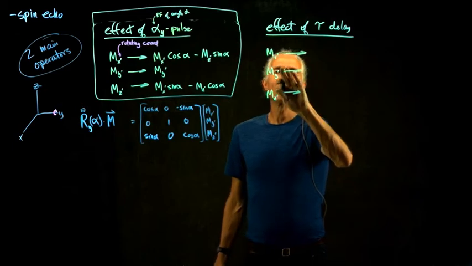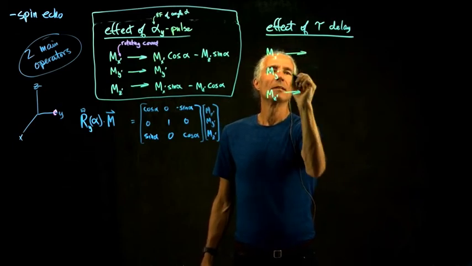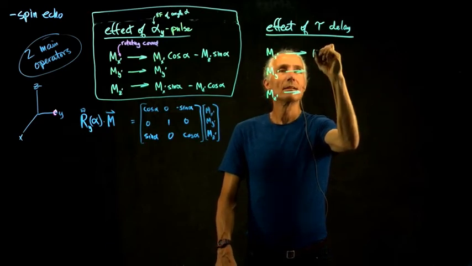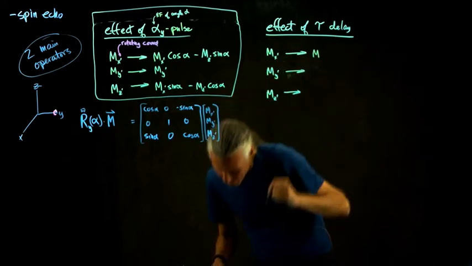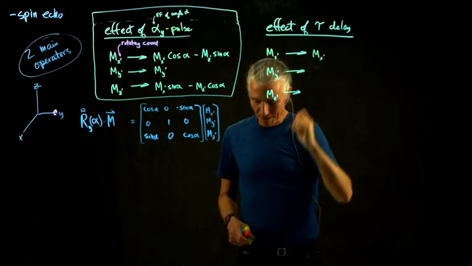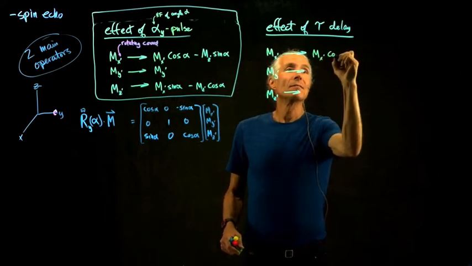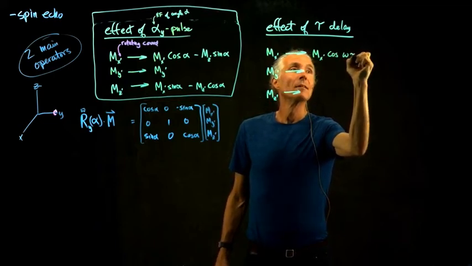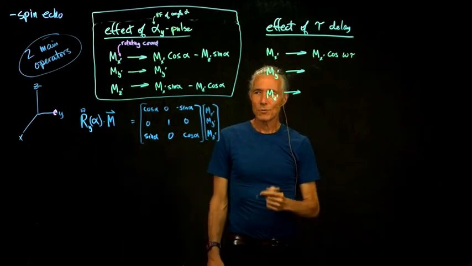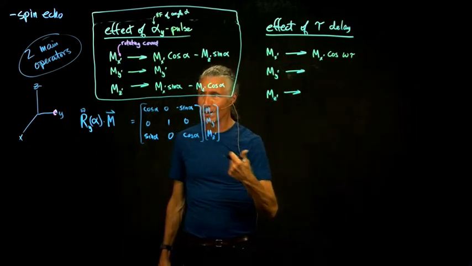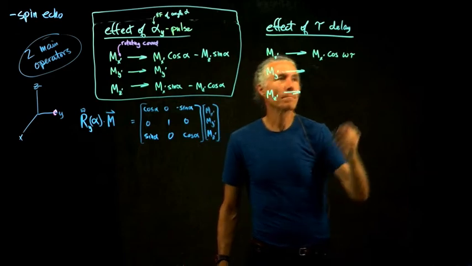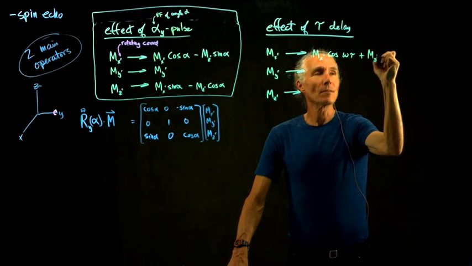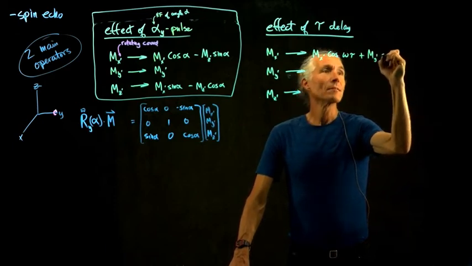So we have to take the mx, and we have to do a cosine and a sine in order to rotate the guy around in the xy plane. So here's the my prime times the sine.